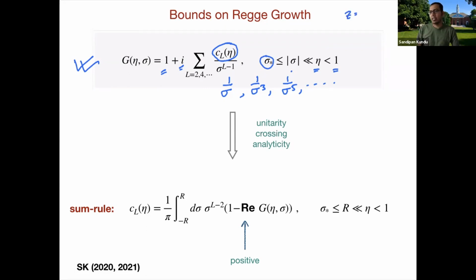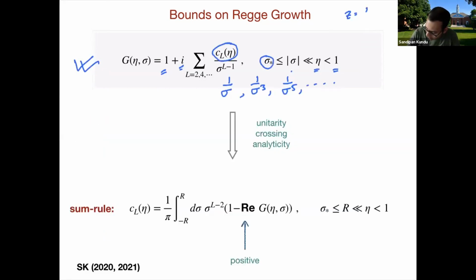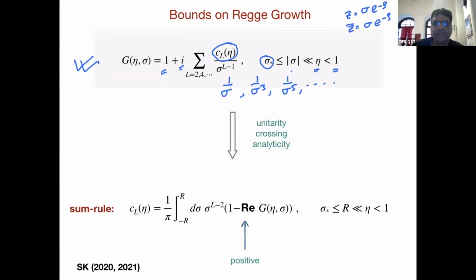Yes. Okay, let me think a little bit. So you said z is sigma e to the power rho, and z bar is sigma e to the power minus rho. In this language, the Regge limit is basically sigma goes to 0 at fixed rho.